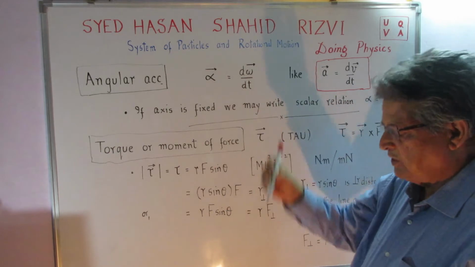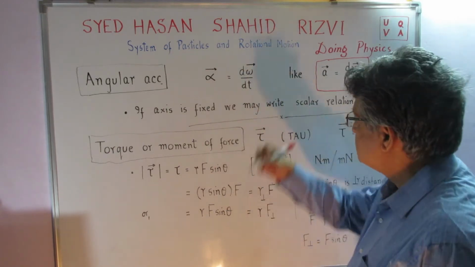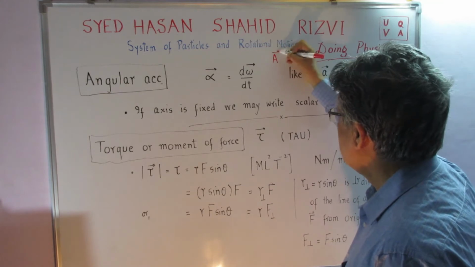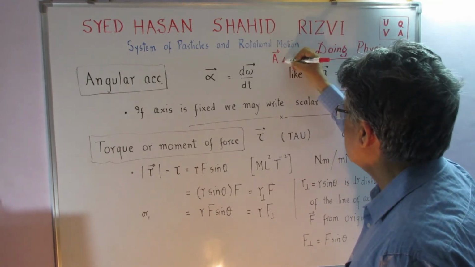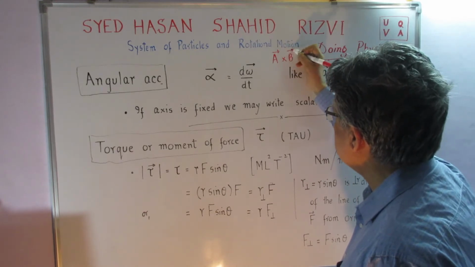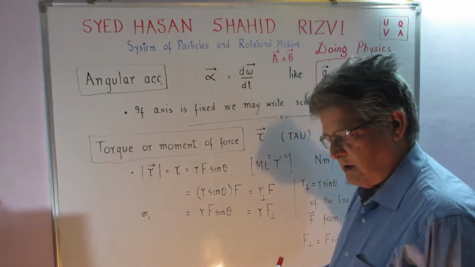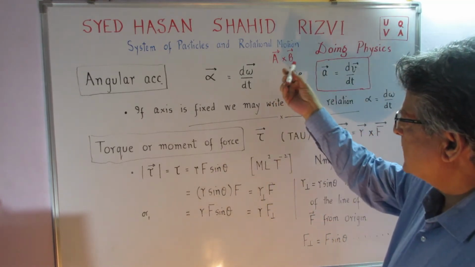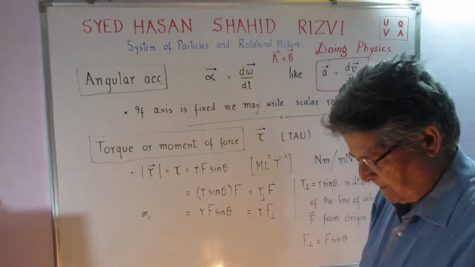we know the definition of omega. Omega is just like A cross B, a vector defined like in general vector A cross B, and this is in a direction perpendicular to the two vectors.